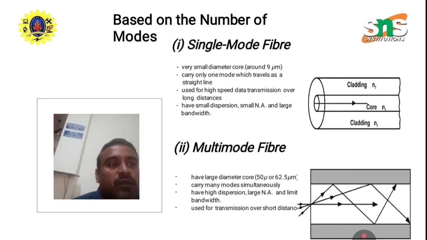For single mode fiber, the diagram shows that the inner layer is the core and the outer layer is the cladding. It has a very small core diameter of around 9 micrometers and carries only one mode of propagation, that means only one light passing through the optical fiber.